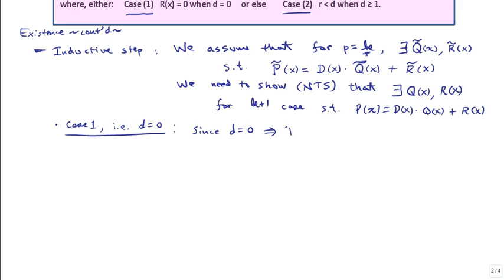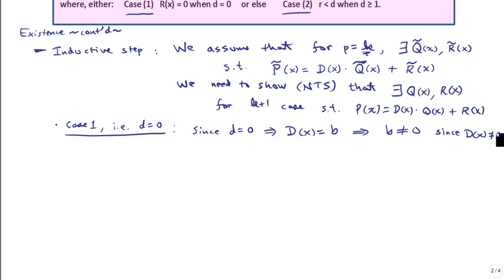Once again, my divisor polynomial is some constant. Let me call it b. And as we did up above, the b must be different than 0, since d is by definition different than 0.